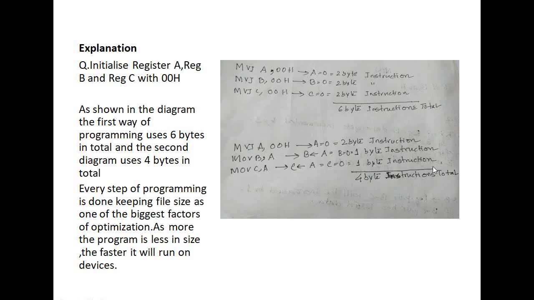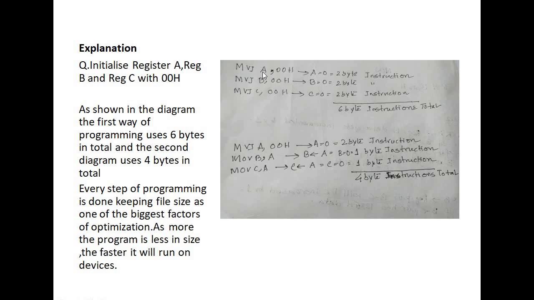Now with immediate addressing mode, what I have done: MVI A, 00H, simple. I gave the data 00H in the instruction and A gets loaded with 00H. Again MVI B, 00H, so 00H will get loaded in register B. MVI C, 00H, so 00H data will get loaded in register C. So in all these instructions 00H is data, not an address or any other number, because I is given in the instruction.